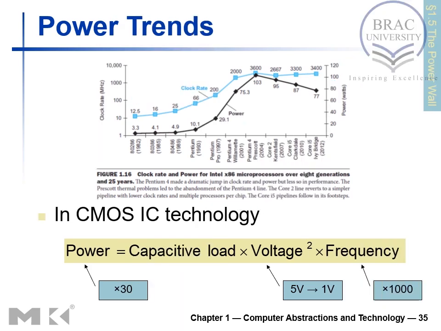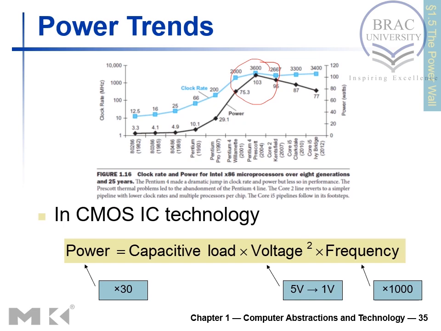Now, if we look at the power trend in the graph, you would see that up to this point, the clock rate and the power are both increasing. But at a certain time, around 2002, the use of power started to drop considerably.